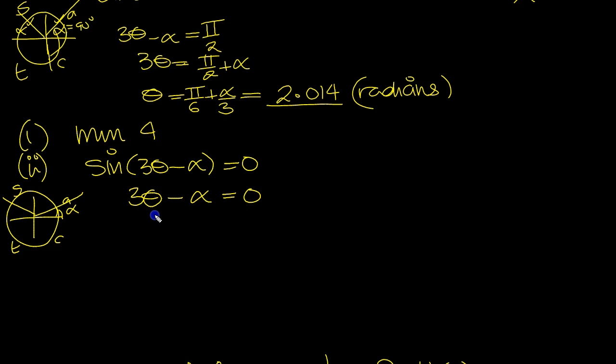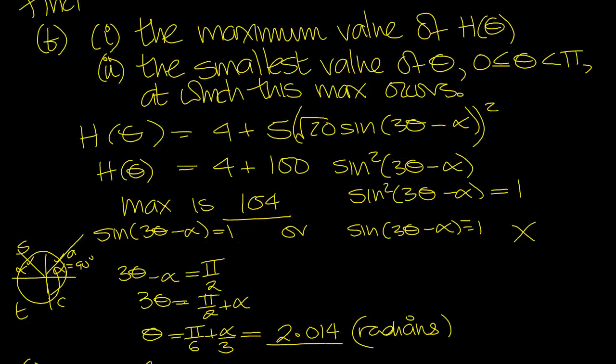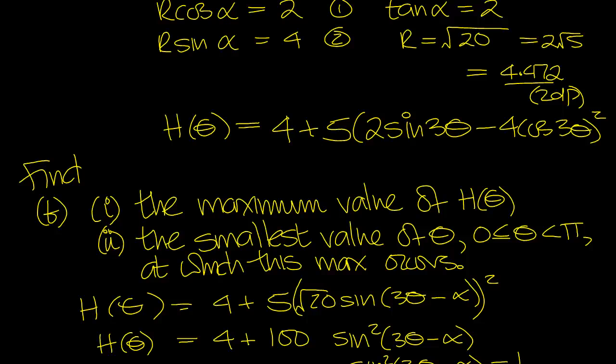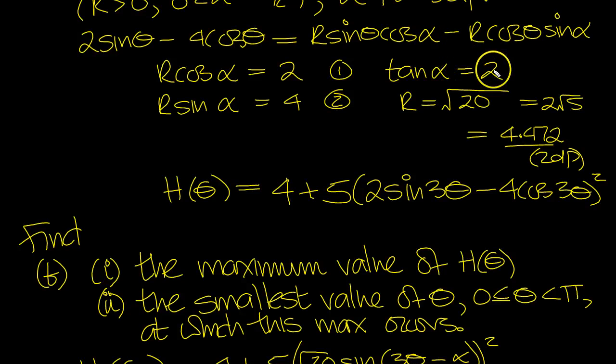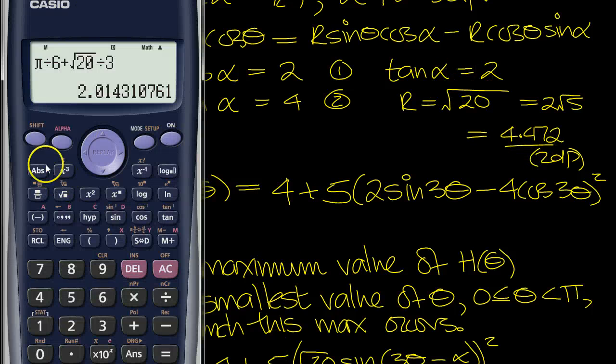0 radians, so 3 theta is equal to alpha, so theta is equal to alpha over 3. So that's root 20 over 3, wasn't it? What was alpha? That was r. Tan of alpha is 2, which I didn't work out. I haven't worked out alpha here in the question. So shift tan 2.